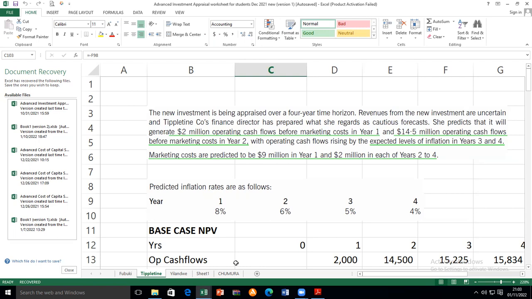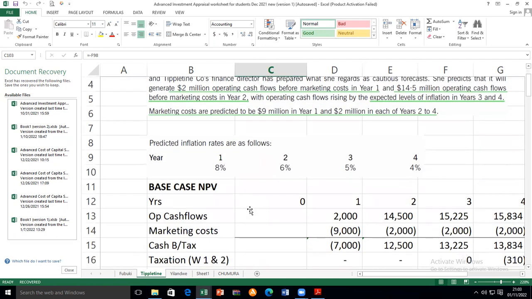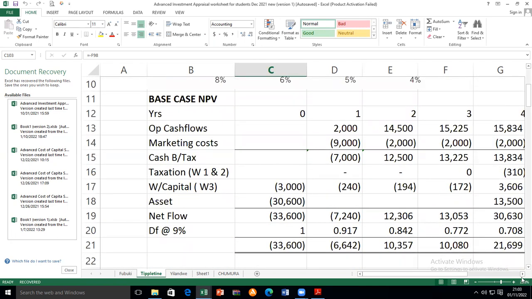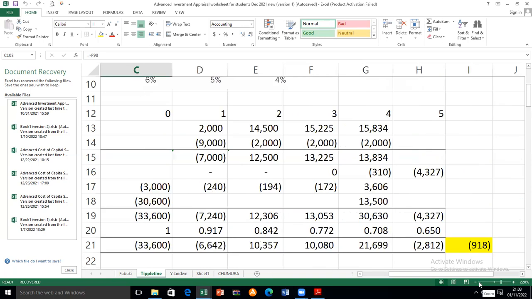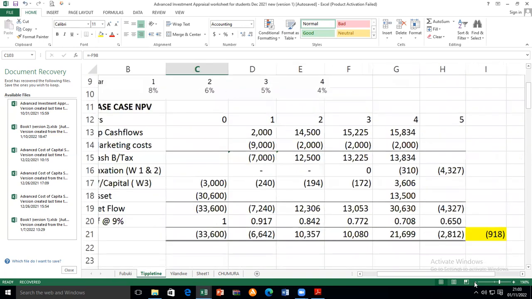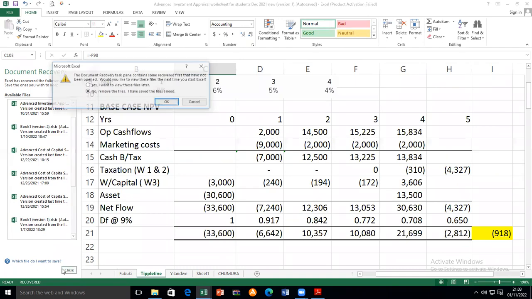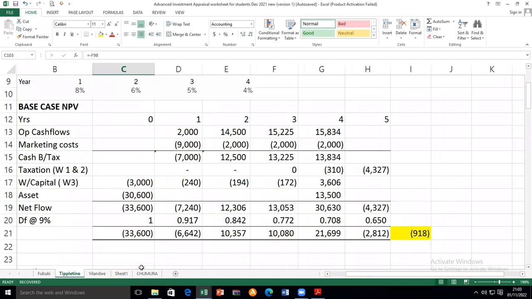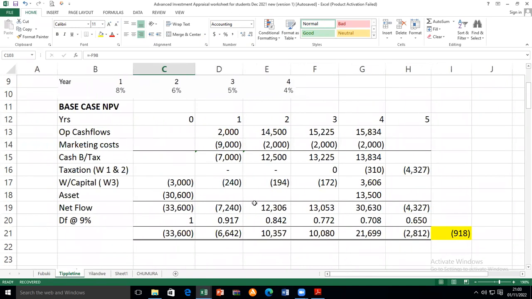Number one, we need the cash flows here. So this is our table.